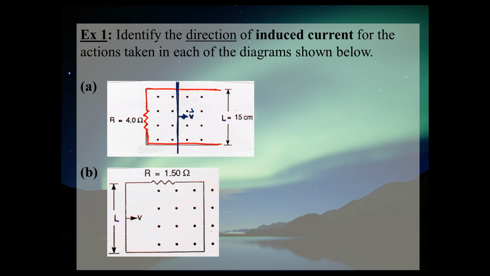What I want to do is figure out, okay, what is the direction of induced current in this circuit? Now, maybe before talking about the direction of the induced current, we should take a step back and identify why you induce current in the first place.